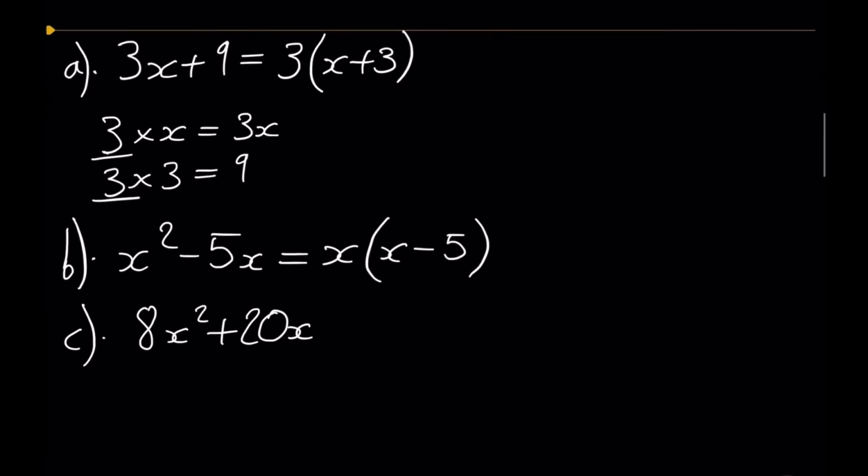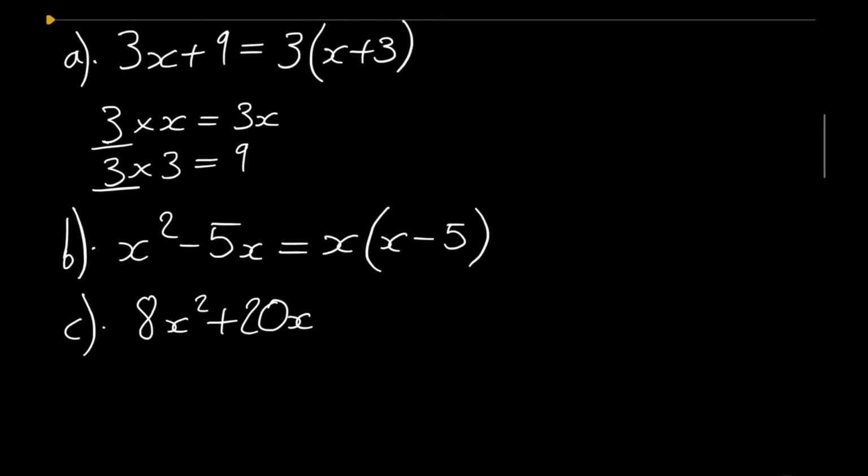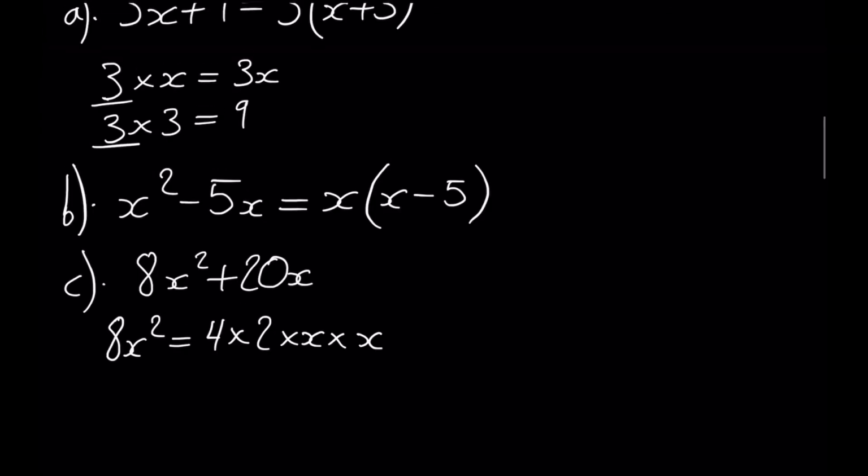Okay, now for the third example, we've got 8x squared plus 20x. But this time it's not only the variables that can be factored out, not just x. Even 8 and 20 now also have common factors. 8x squared, we can rewrite as 4 times 2 times x squared, and we can rewrite 20x as 4 times 5 times x.